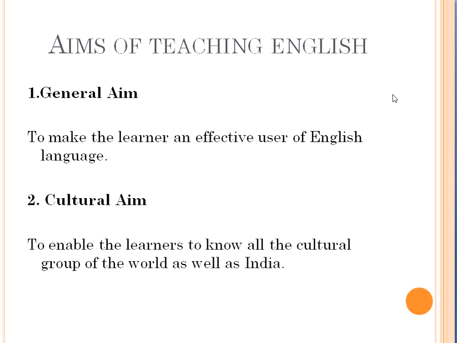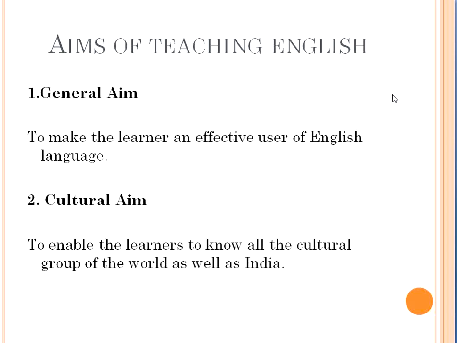Now if we want to make our students an effective user of English language, then as a teacher, you will have to focus on certain specific skills. I have already mentioned all these skills in my previous videos. What are the specific skills? Listening, speaking, reading and writing. So this is the general aim of teaching English in school.